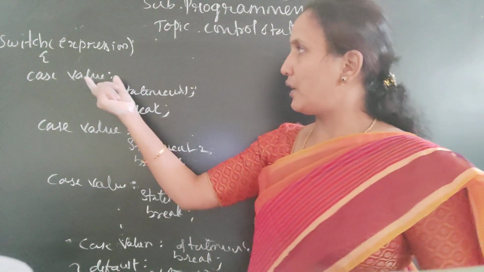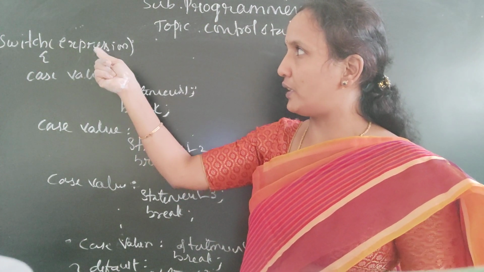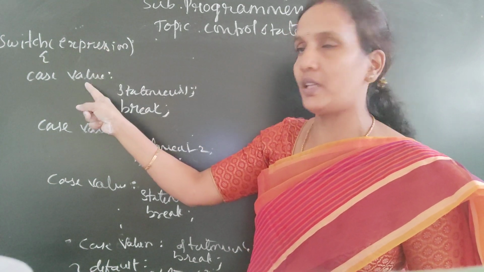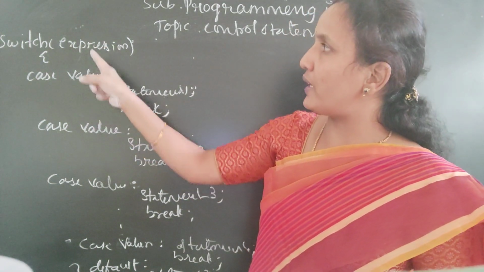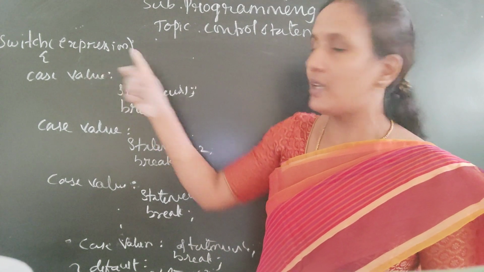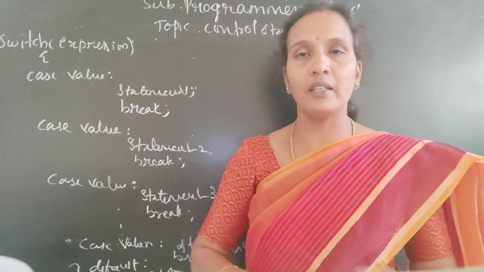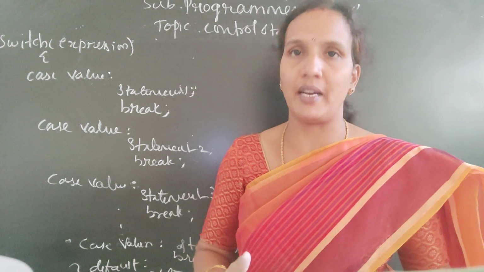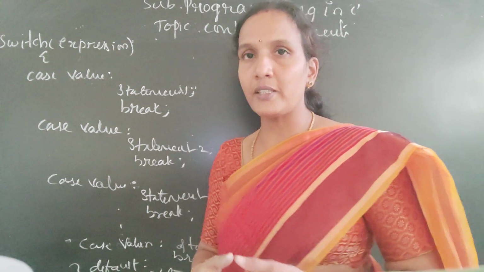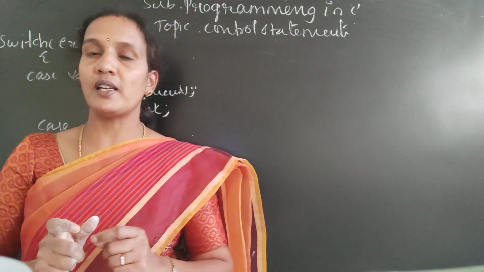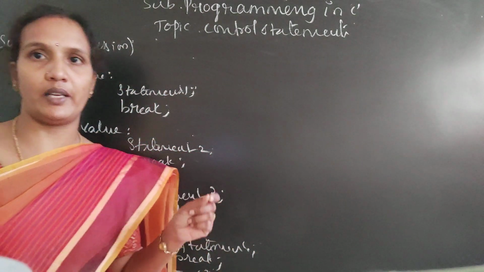Whichever case value matches this expression result, that block will be executed. Whatever you have written in that block doesn't matter. The thing is whether the expression result is matching the case value or not.